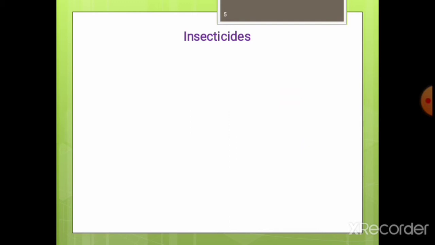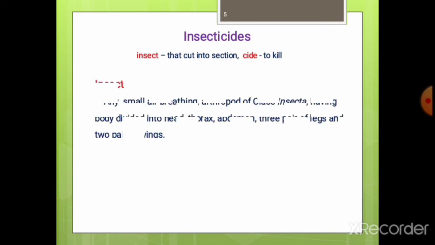Then, what is meant by insecticide? Insect means cut into sections, and side means again to kill.